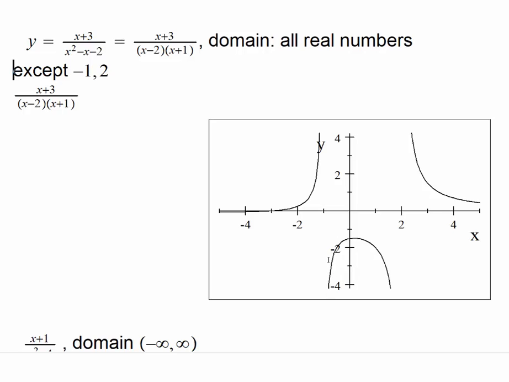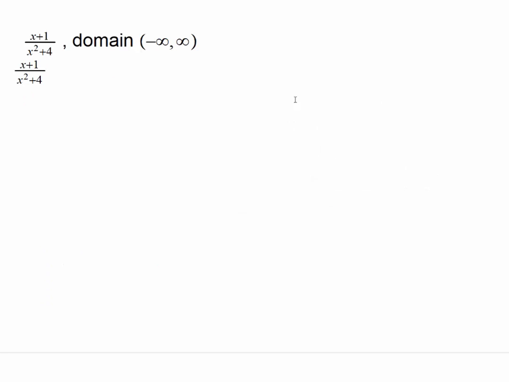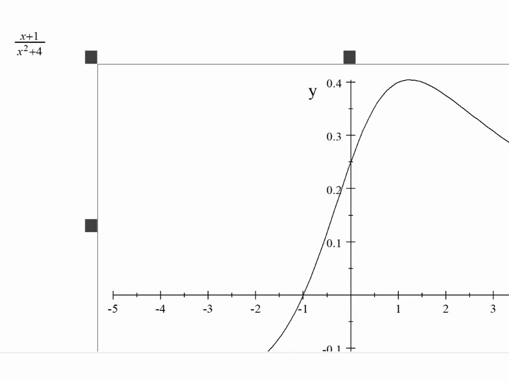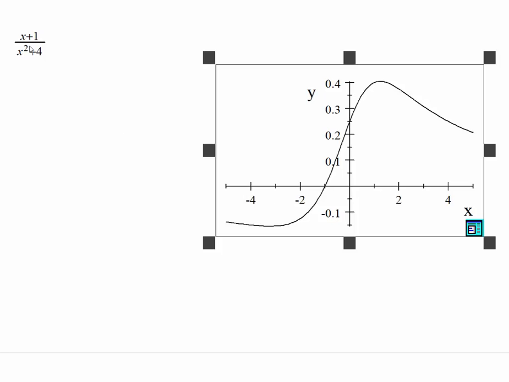And notice we have a vertical asymptote at x = 1 and a vertical asymptote at x = 2. Now if we look at this function, where the domain is negative infinity to infinity, I'm just going to use this package to graph it. Here the denominator is not equal to 0 at any point, and we notice that there is no vertical asymptote in this case.